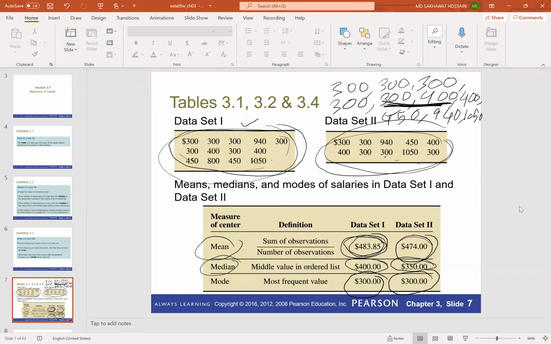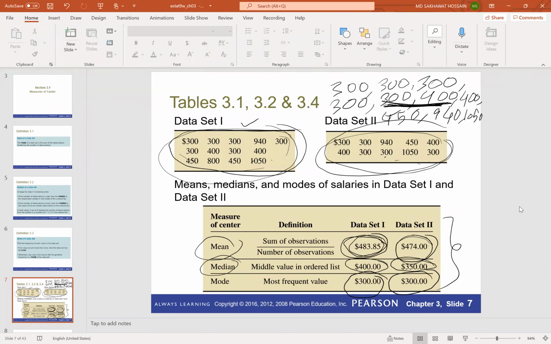So now why do we need to calculate the mean? If you think about the class average of exam 1 in this class, why do we need this information? Based on this information, we want to know the class performance, right?